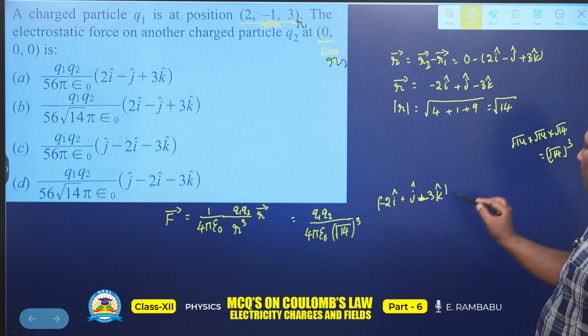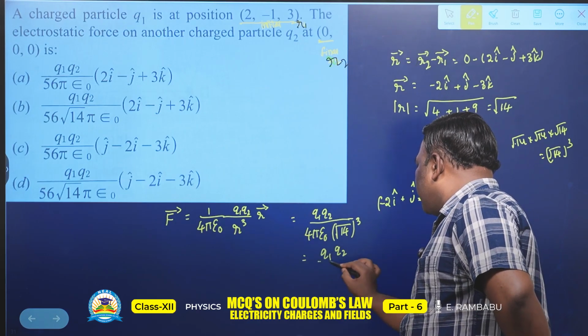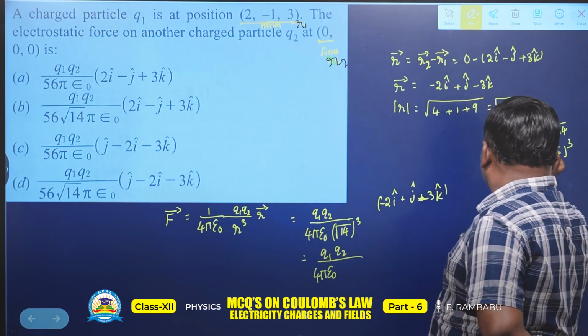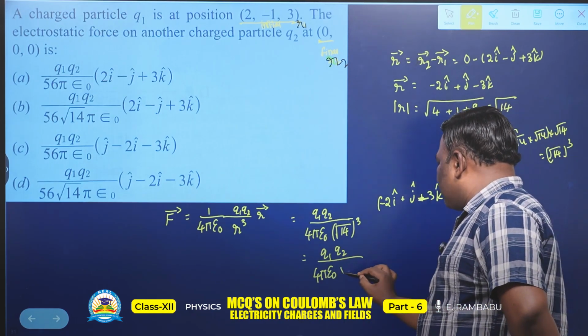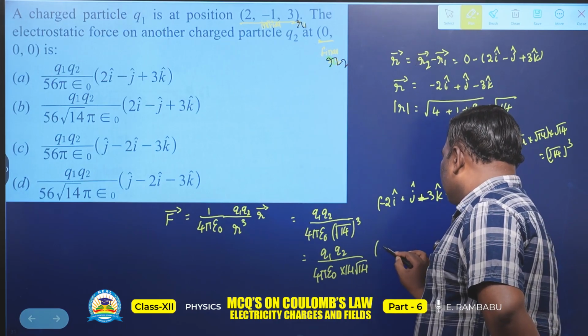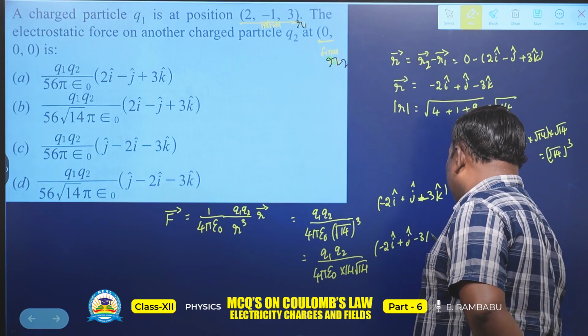So root 14 into root 14 is 14, and one more root 14 is there. It can be written as Q1 Q2 by 4 pi epsilon naught into 14 root 14 into minus 2 I cap plus J cap minus 3 K cap.